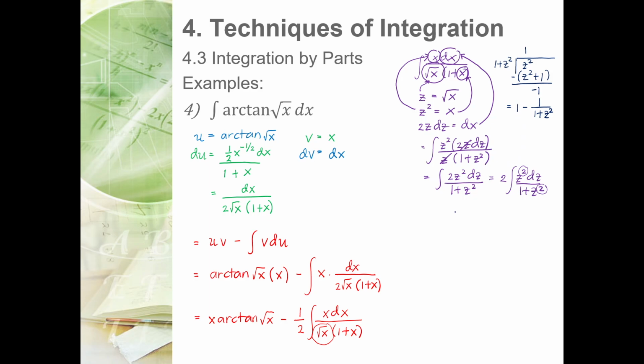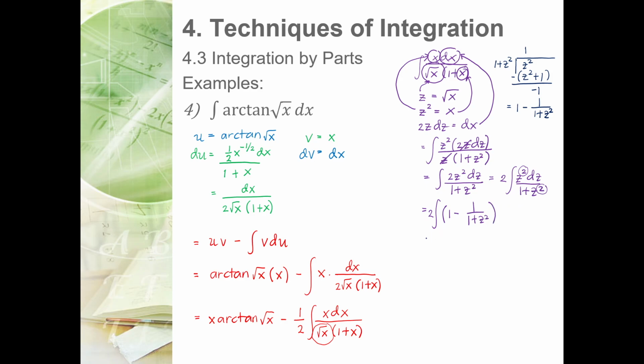So next step is we're going to have this integral now. So this becomes 2 times the integral of 1 minus 1 all over 1 plus z squared. Okay.